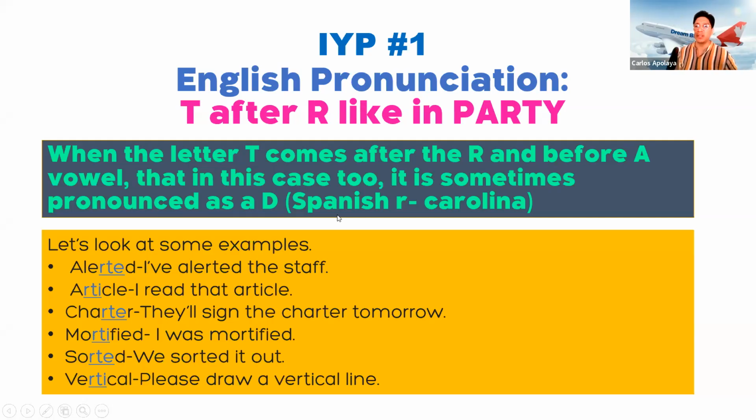Okay. So the first rule: R, T, and vowel sound. So we say alerted, article, charter, mortified. Remember, you have to take into consideration that Canadian English is pretty similar to North American English. They just have some different words.